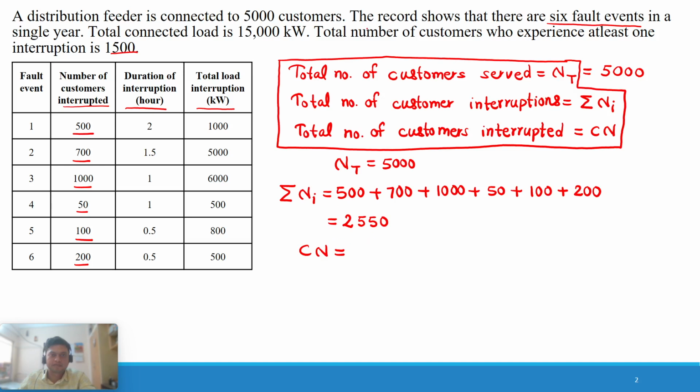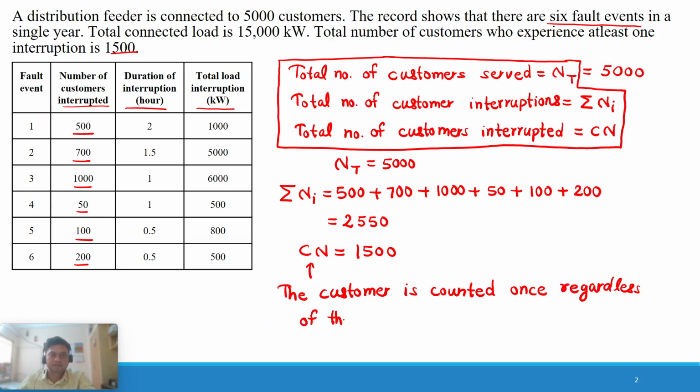So CN, you can see in the last line, is the total number of customers who experience at least one interruption. So it is 1500.